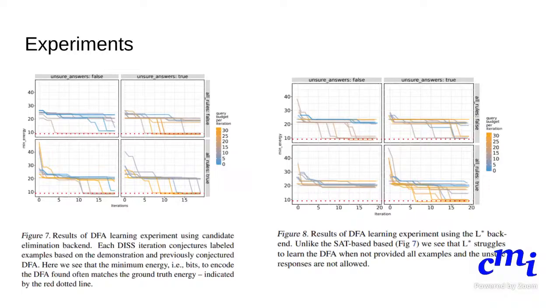But in order to compare, if you used LLM with unsure answers false, it is doing worse than SAT, no? In this left corner, I never see it touch the red line. There is a case where this one with SAT is better.